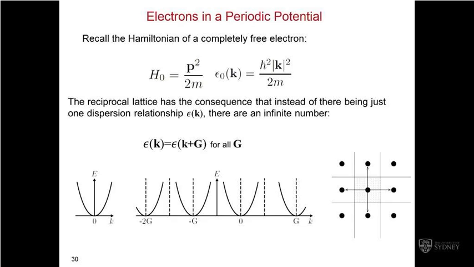Okay, now because we've got periodicity and we've got reciprocal lattice vectors that take us from one unit cell into another unit cell, in reciprocal space we're going to have, at every reciprocal lattice vector, also this same kind of relationship, because we have the periodicity of the reciprocal lattice as well as the real lattice.